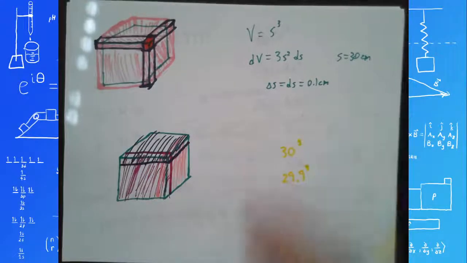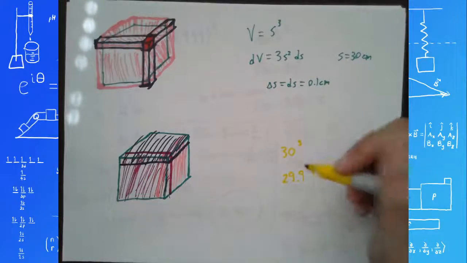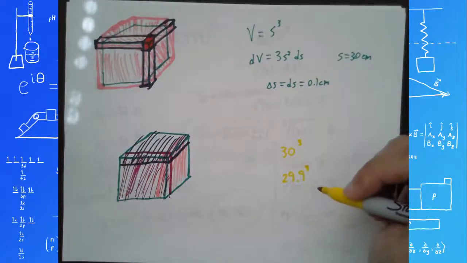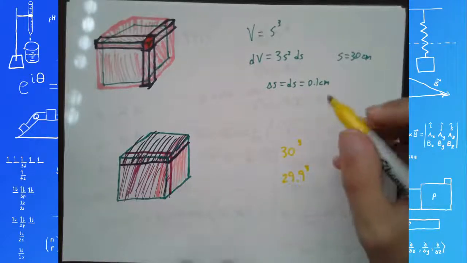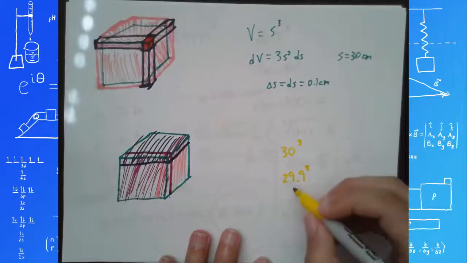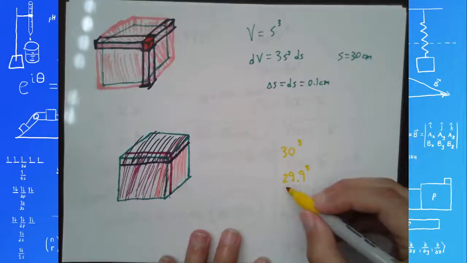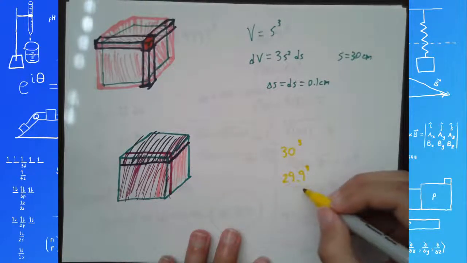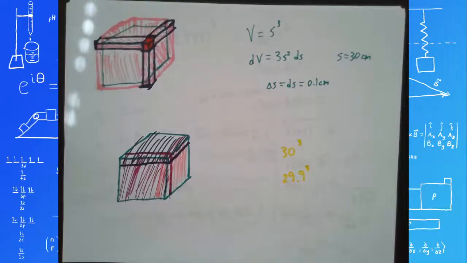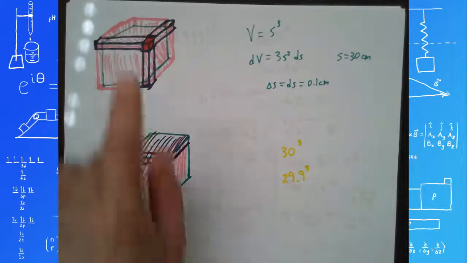Hold on. No, I'm doing it wrong. 30 cubed minus dV is going to be, no, I'm on the right track. 30 cubed minus dV should give you something less than 29.9 cubed.